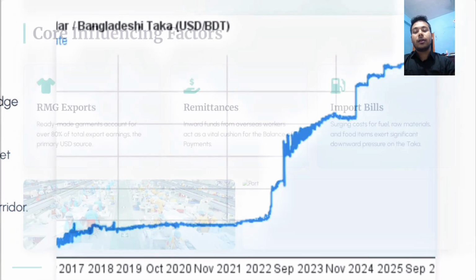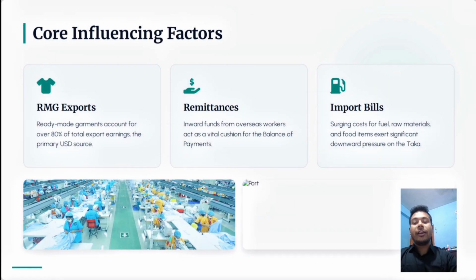And now, the core influencing factors of this system: RMG export, remittance, and import bills. Basically, we earn our income from abroad, which comes more than 80% from the RMG sector.